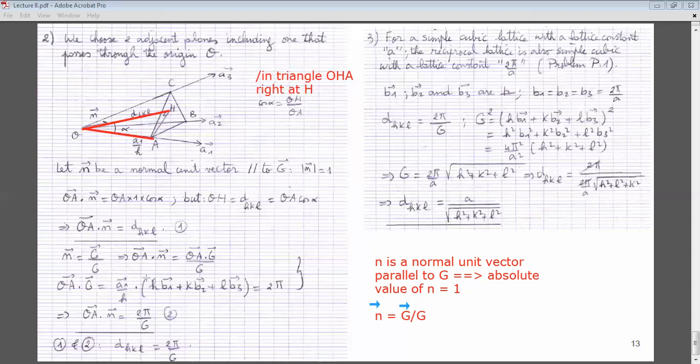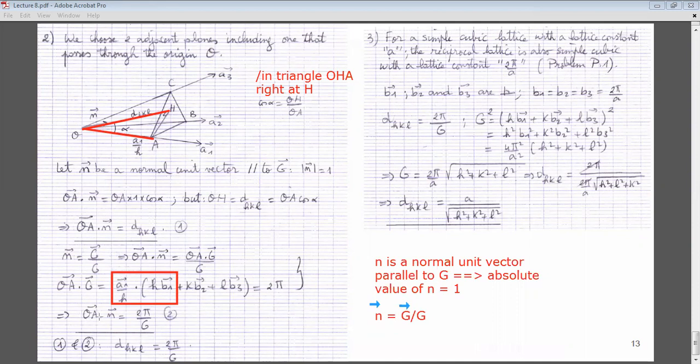Now, if I take the dot product of these, the only term that will stay is A1 over H multiplied by HB1. The other two will die because A1 dot B2 is 0, A1 dot B3 is 0. So I'll be left with A1 over H times HB1, which is 2 pi.